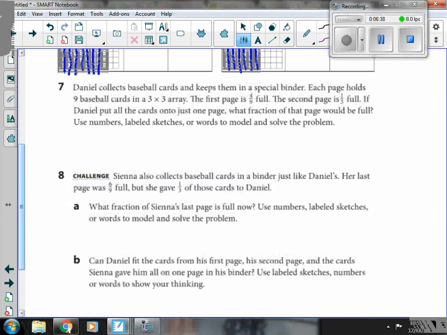Number 7. Daniel collects baseball cards and keeps them in a special binder. Each page holds 9 baseball cards in a 3x3 array. The first page is 4/9 full. The second page is 1/3 full. If Daniel put all the cards onto just one page, what fraction of that page would be full? So I need to add 4/9 plus 1/3.